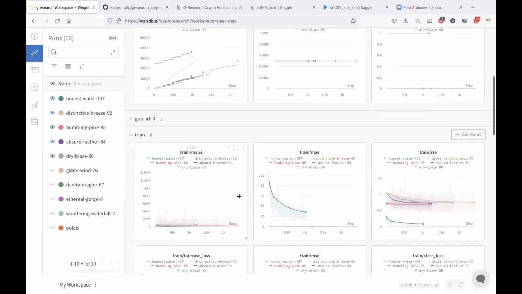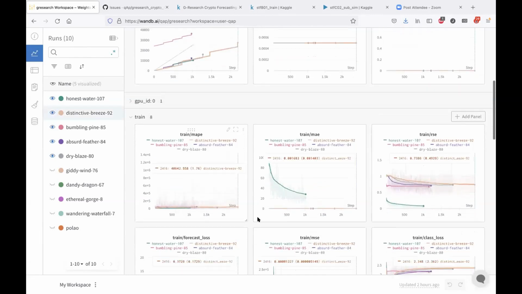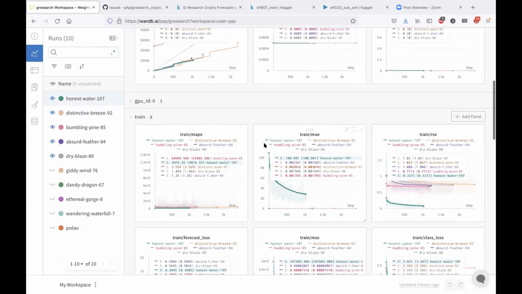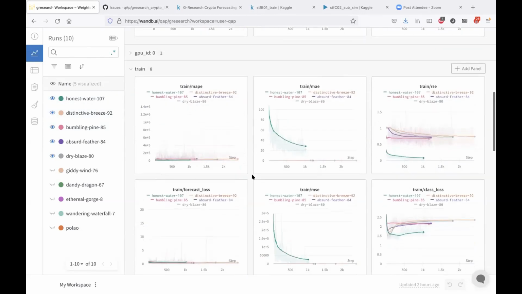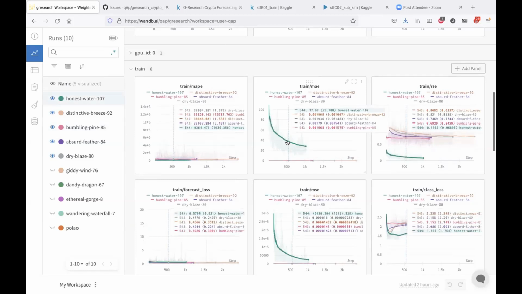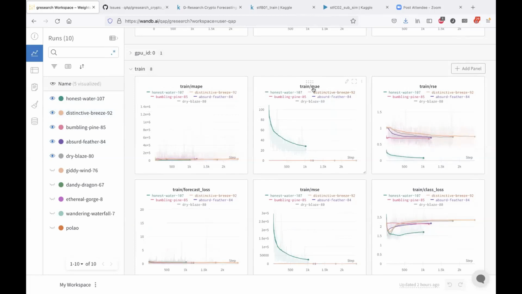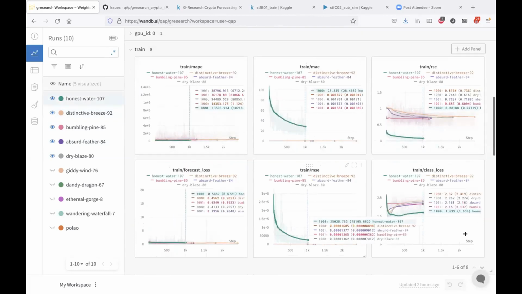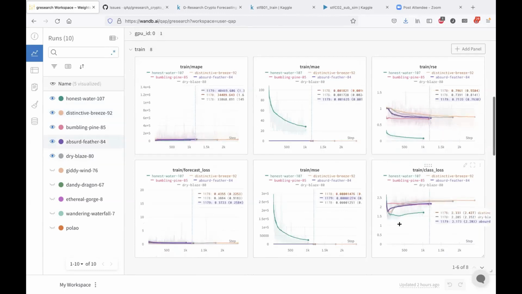When I train not just for targets but also the closing prices, the green line shows the training curves. For example, here you see the mean absolute error, mean squared error, and classification loss.